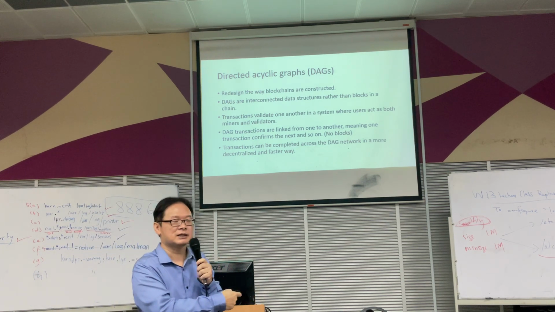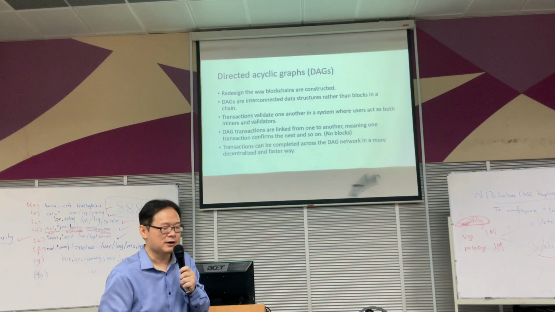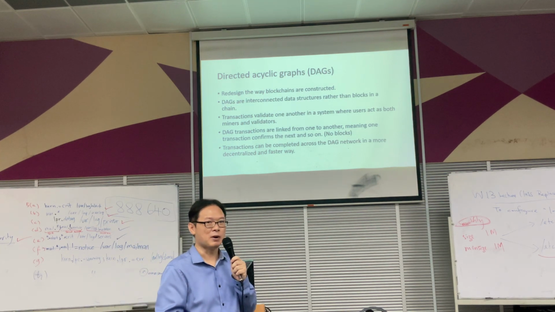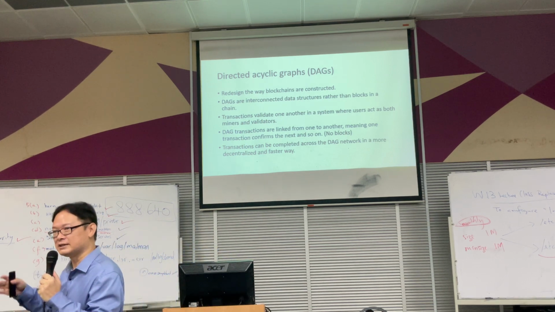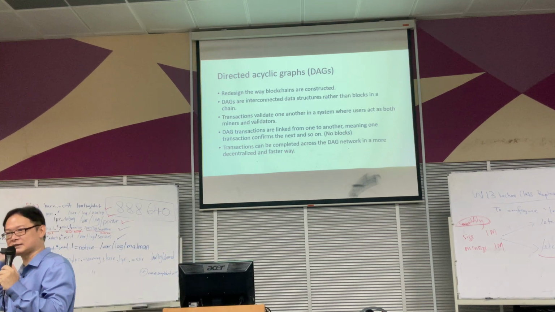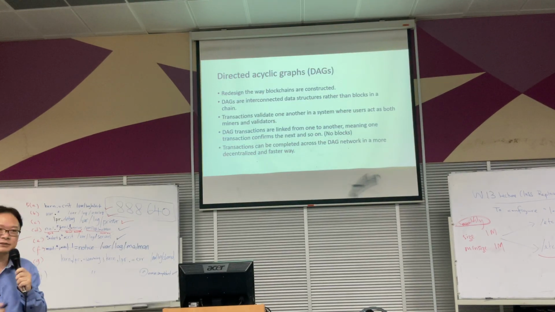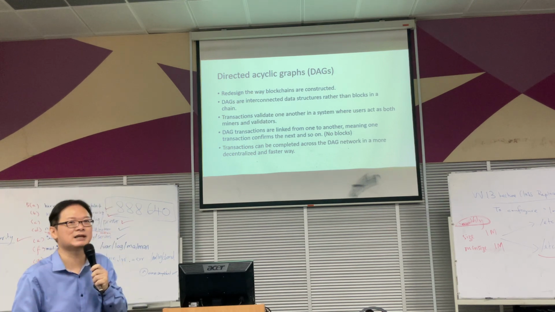This one can process up to 150,000 transactions per second. Wow. Compared to Ethereum, it's a big difference. It's very fast and very scalable. However, of course, there are some cons also. Nothing can be perfect.